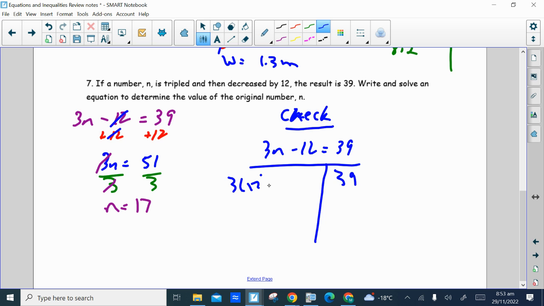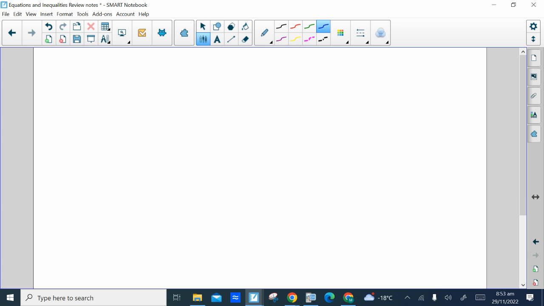So 3 times 17, take away 12. 3 times 17 is 51, take away 12 is 39, so it checks. Okay? So that's the review for the test tomorrow.